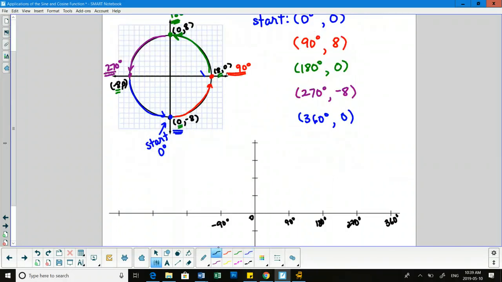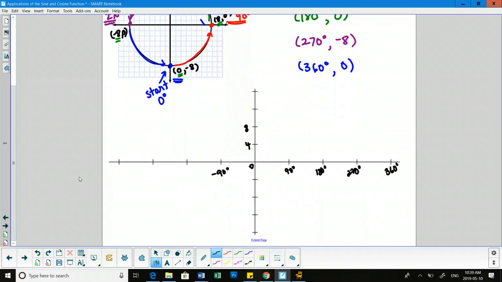Okay, so these points look quite similar to what we just did on the other slide. Although because we tracked horizontal displacement, we're actually going to refer to this in terms of a cosine function. So our equation will be slightly different. So let's just plot our points here. We had 0, 0, 90, 8, 180, 0, 270, -8, and 360, 0.